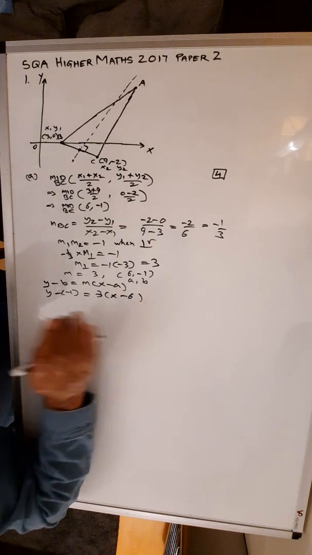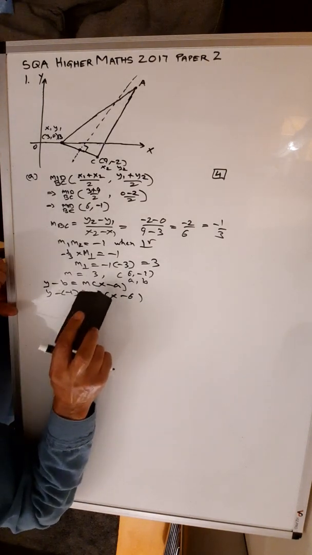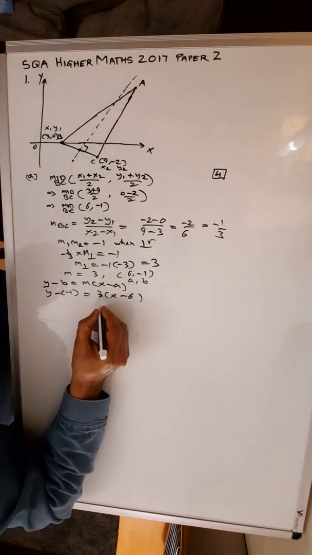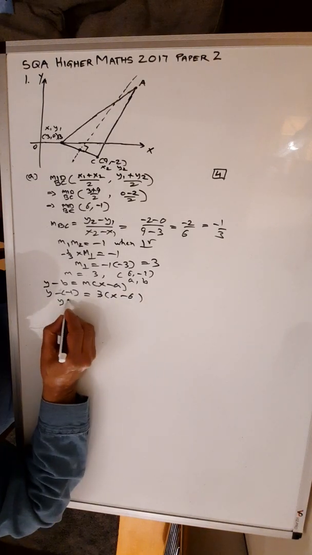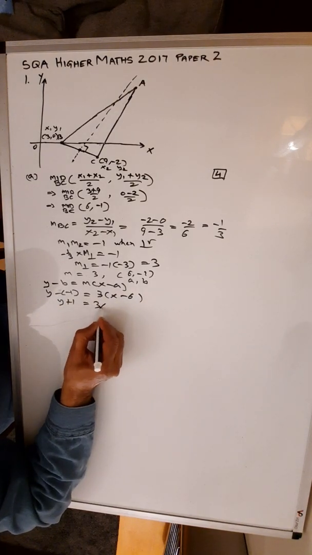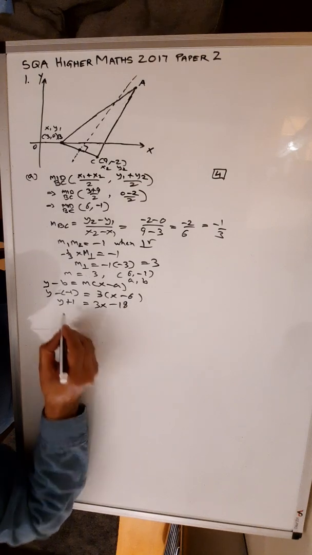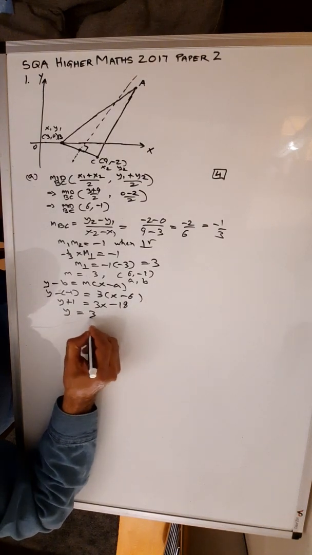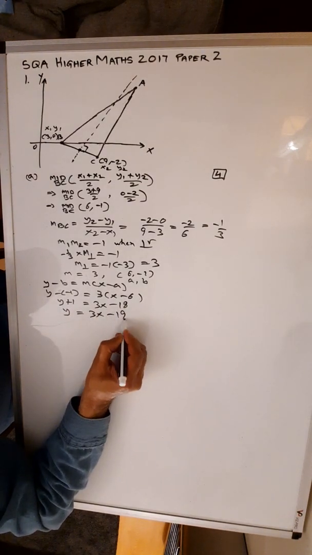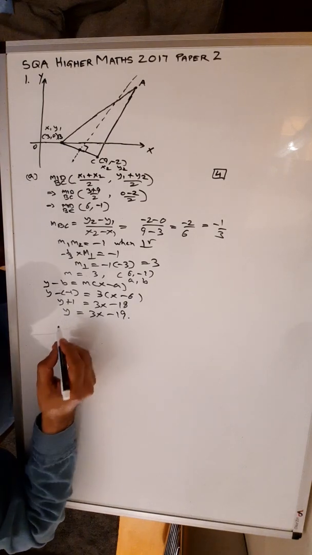That is the start of the equation. So that would mean that this is y plus 1 is 3x minus 18. Take the 1 to the other side, so y is 3x minus 19. That's the equation of the perpendicular.